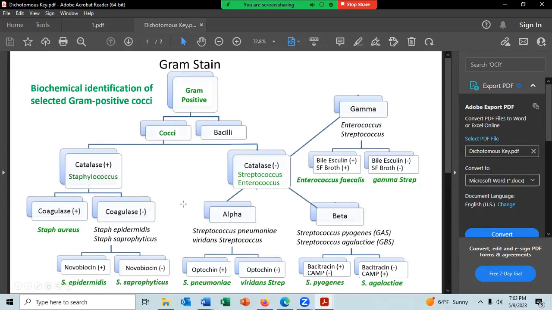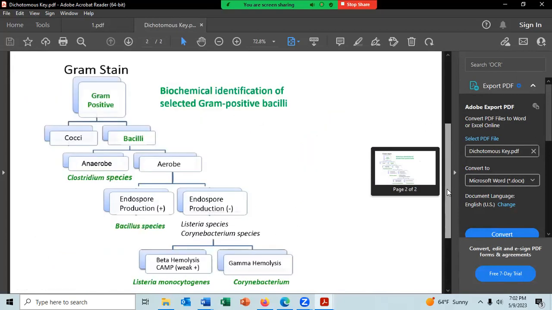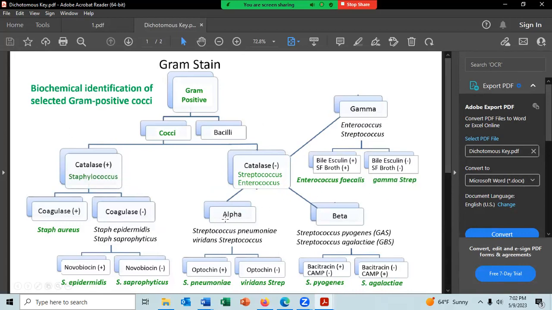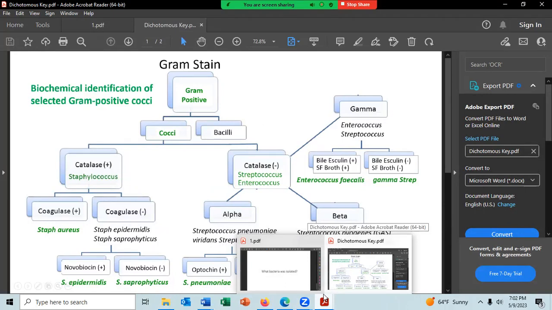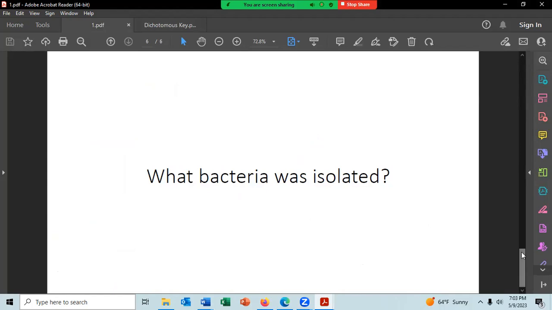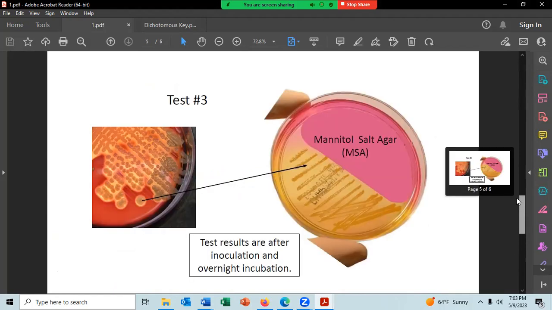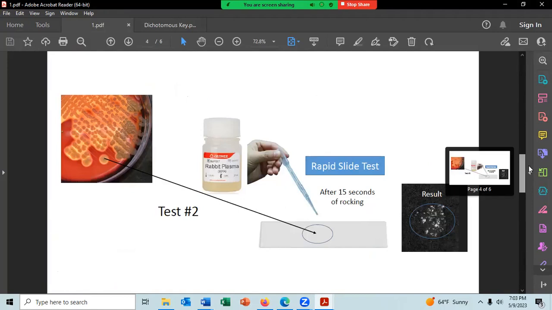We then did a coagulase test, which is here, or actually that's the only coagulase test. And then after the coagulase test, did we do a novobiocin test? I don't think we did a novobiocin test. So what's the bacteria? Oh, we did a mannitol salt agar test, which I don't have on the key.